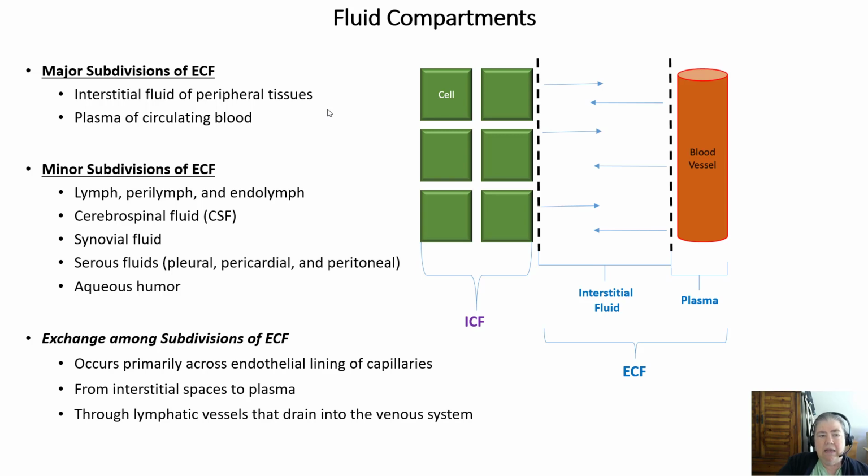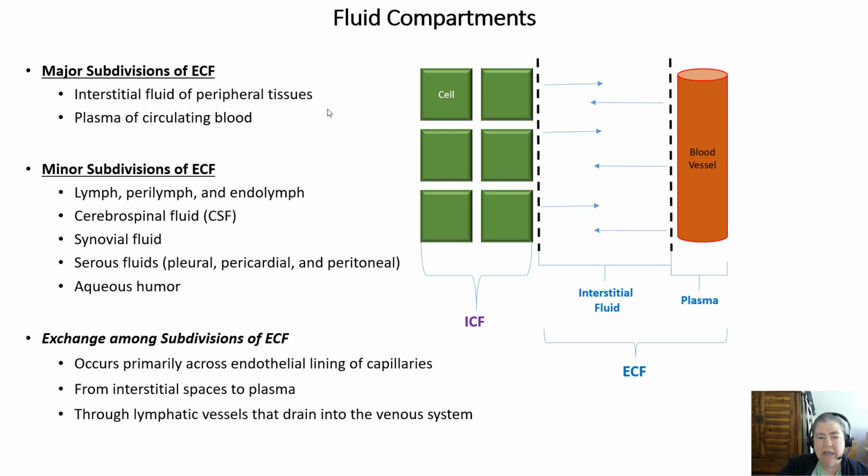There's a little bit of fluid between the outside of our lungs and the inside of our chest cavity, between the heart and the pericardium, and in the peritoneal cavity, and then of course there's fluid in the eye.